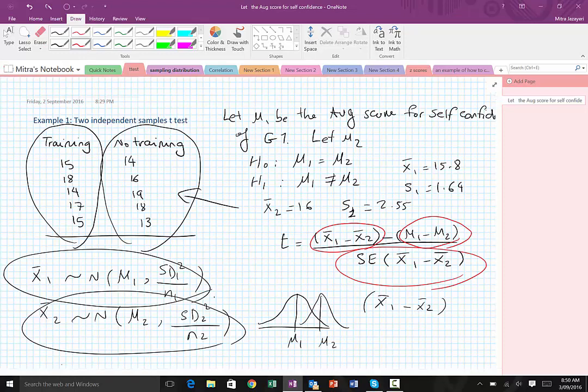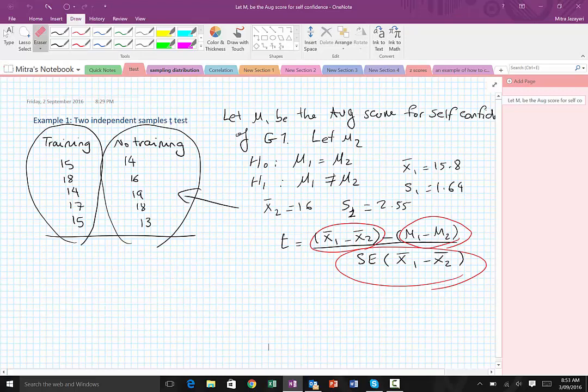The distribution of the difference between the two would be something like this one. So this would be the distribution of the difference scores. Now we don't have these two distributions, but we have the histogram, you can say, of the sample distribution of the one and the other one.